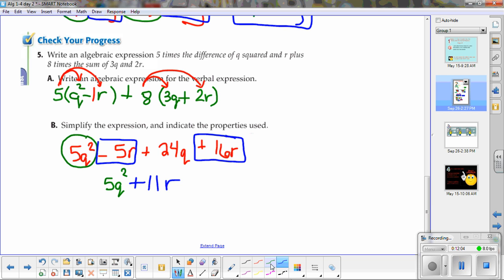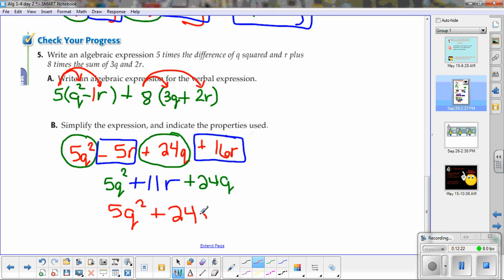And then last you have 24q, and it's a positive 24q. And actually, I should really write this as 5q squared plus 24q plus 11r. Q comes before r, and the squared is going to come before the just plain q.